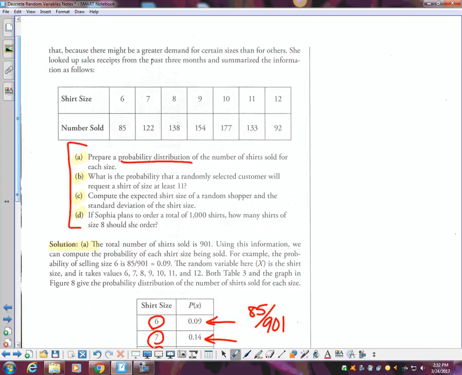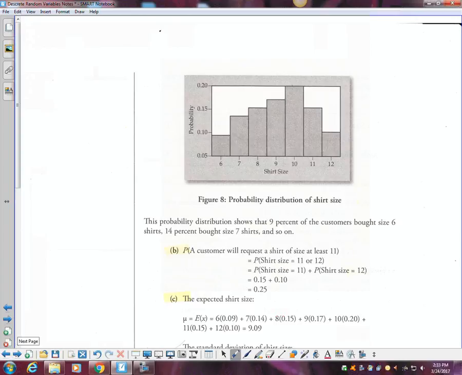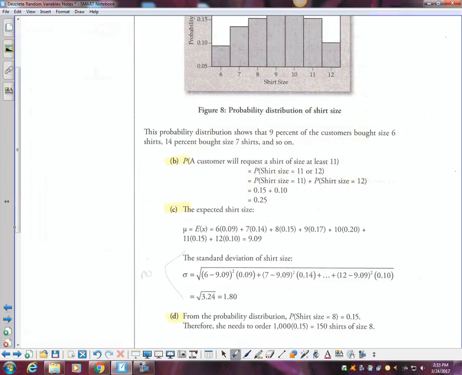Okay, part B. What is the probability that a randomly selected customer will request a shirt size of at least an 11? The probability that we are at least an 11. Okay, so if this was a free response, this is what they'd want to see.